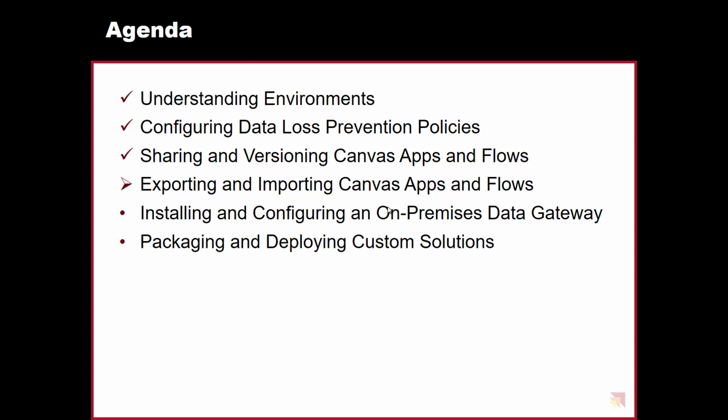Okay, so now over the next couple of slides, we're going to look at how we can export and import Canvas apps. I'll preface this section by saying that in the not too distant future, 6 months from now, this story will be much different and much better, in that you will be able to package up a whole bunch of Canvas apps and flows at once with a solution.